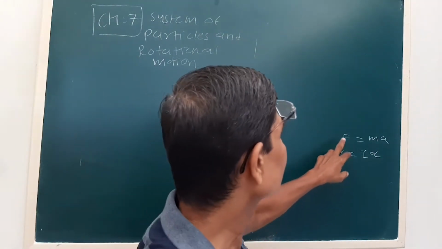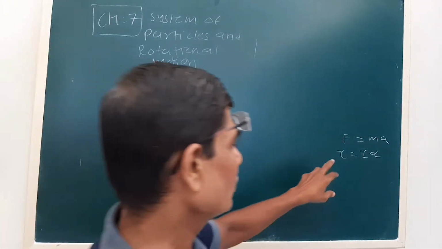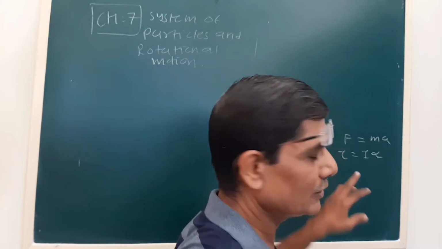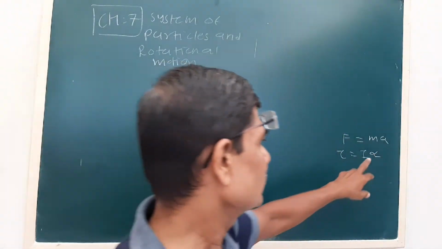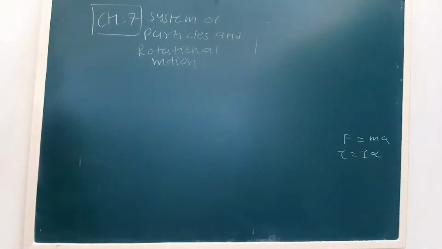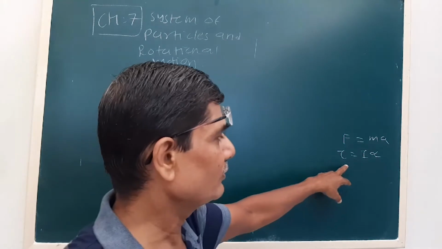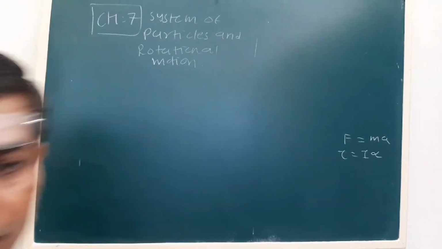The physical quantity analogous to force is torque, and corresponding to linear acceleration we have angular acceleration. And as we discussed earlier, the moment of inertia corresponds to mass in linear motion.